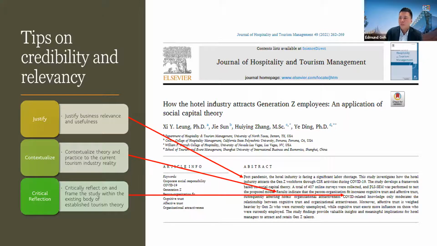Within the first page, you must be able to justify, contextualize, and offer this critical reflection to demonstrate the credibility and relevancy of your research. If you miss the first page, there's a very high chance that the paper will not even pass the desk rejection stage. That's something very important to bear in mind.